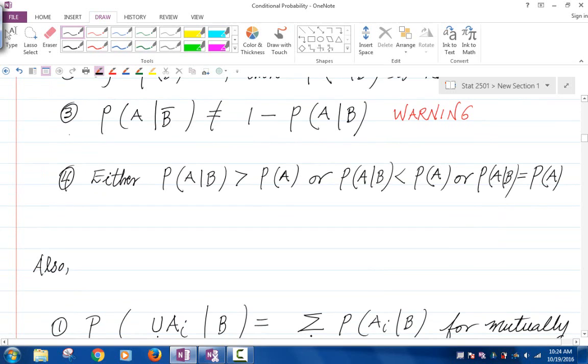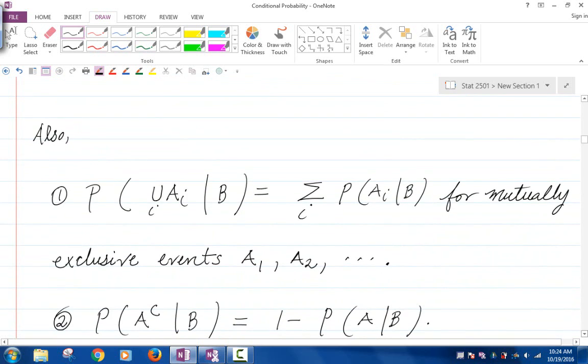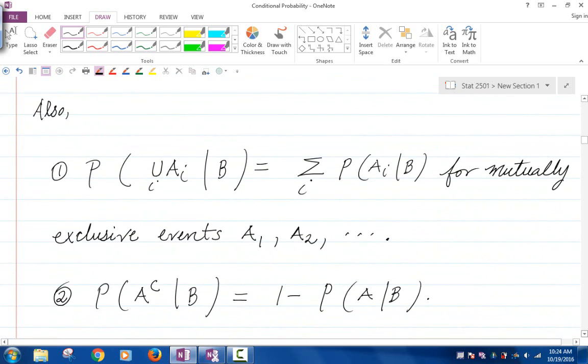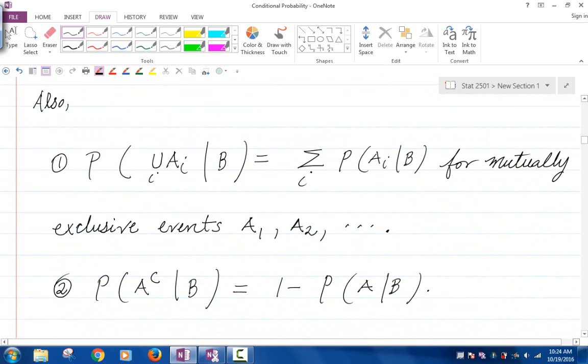Even though number 3 doesn't hold, right? Number 3 says P of A given B complement isn't the same as 1 minus the probability of A given B. However, you could say the following: 2 more things you could say. I can write a C to denote a complement, but I have been using a bar mostly.